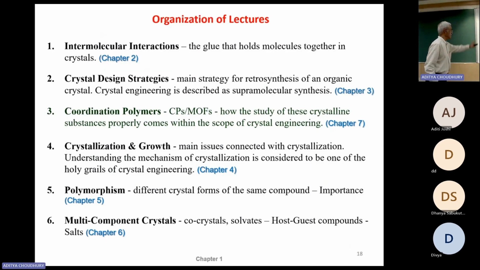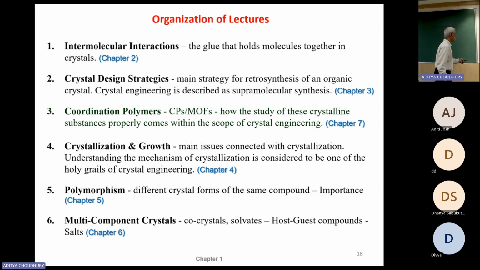All these pictures. I will go to the organization of lectures now. As I already mentioned, I'm going to talk about intermolecular interactions next, the full box of crystal engineers, different types of interactions, and how you use these interactions to design, that is crystal design, how to design all these things organic. And then I'm going to jump to coordination polymers, or you can call them metal organic framework structures.